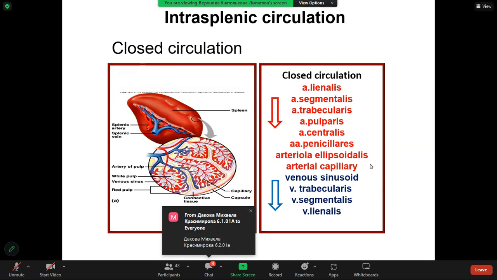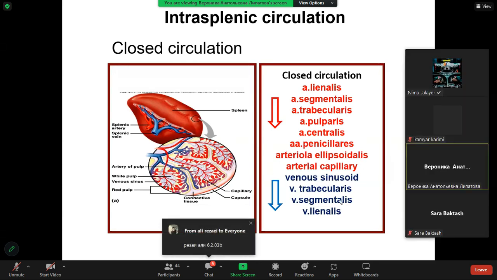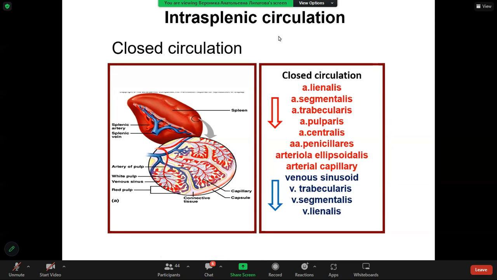After this, ellipsoidal arterial capillaries, and after this, venous sinusoid. After this, trabecular vein, segmental vein, splenic vein. After this, portal hepatic vein. This is closed circulation to supply with blood.